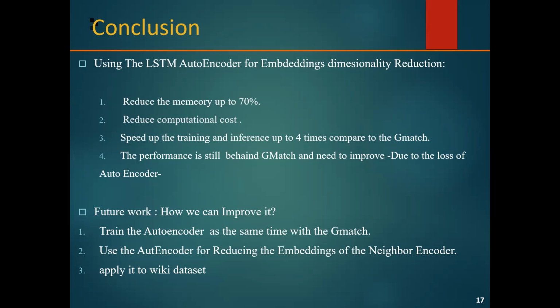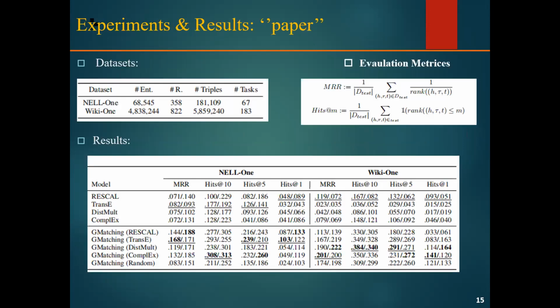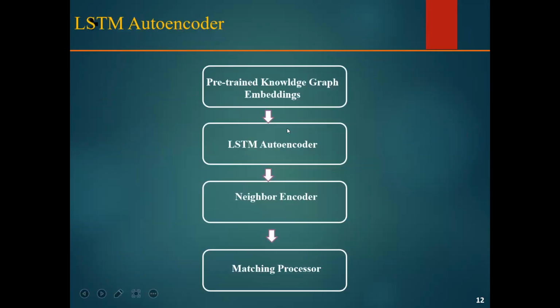Then also we can change the position of the LSTM autoencoder. We can put it after the neighbor encoder and see if it can get better results than reducing the dimensionality of the knowledge graph embeddings.